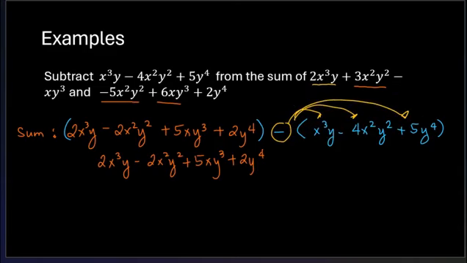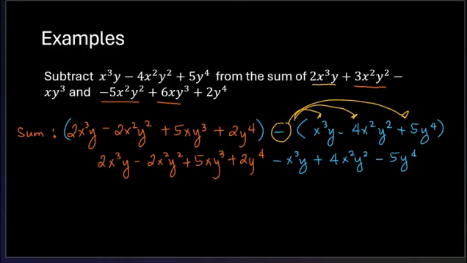So that would be negative x cubed y, negative times negative is positive 4x squared y squared, and then negative 5y raised to 4.